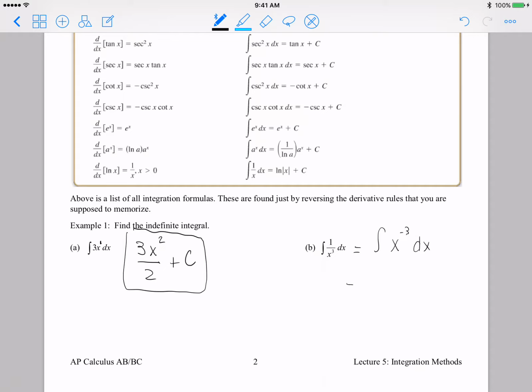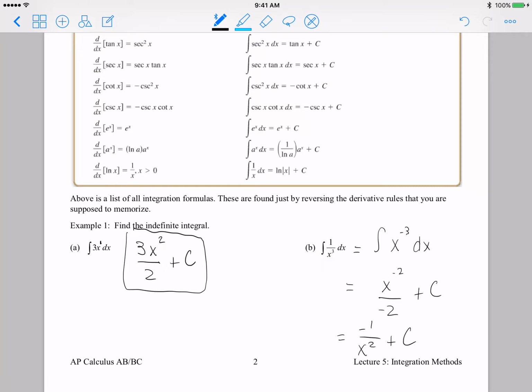Once I do that, now I'm able to use the power rule. I increase the exponent by 1. If I increase negative 3 by 1, it becomes a negative 2. Then I'm going to divide by the new exponent, which is negative 2. And then don't forget my plus c. The way that I would probably write this is negative 1 over x squared plus c.